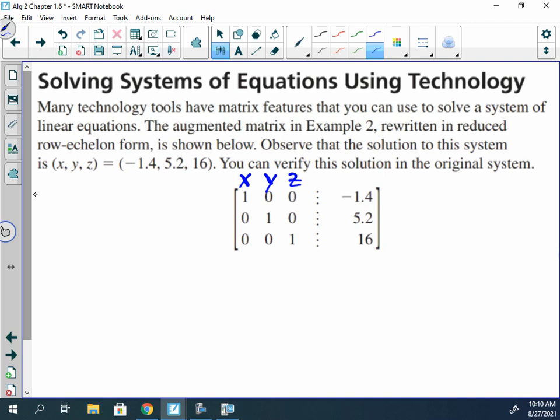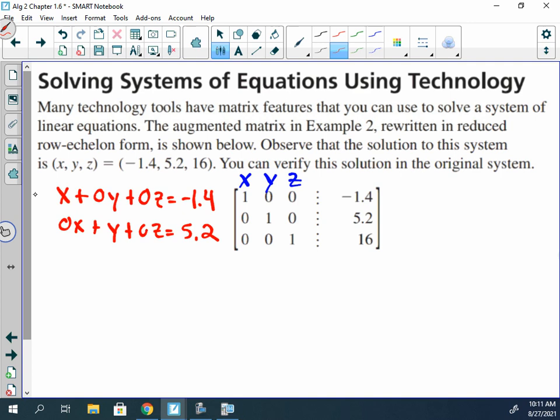So if we wrote this back out, the top one would be, well, we have 1x plus 0y plus 0z is equal to negative 1.4, yes? Well, that's really saying what? X is equal to. Now, the next one has 0x plus y plus 0z is equal to.